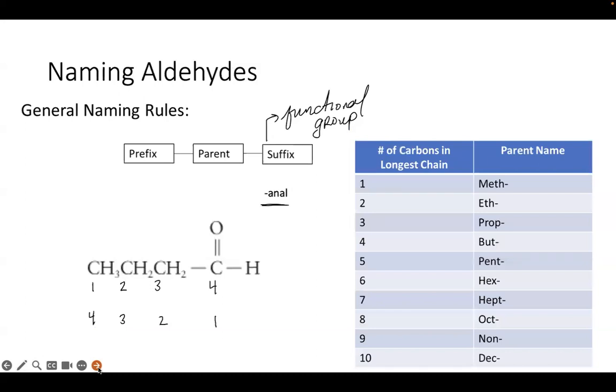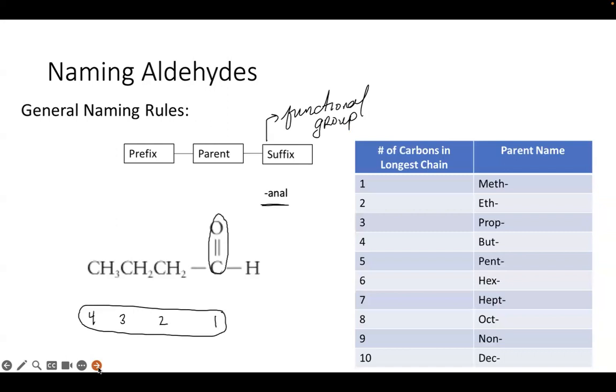Right here we have our aldehyde functional group, so I'm going to want to number from right to left because I want to make that aldehyde the star of the show. If I can put them at the lowest possible carbon, I am. And with aldehydes, they're always going to end up at 1, because an aldehyde is on a terminal carbon and I'm always going to put the aldehyde at 1.